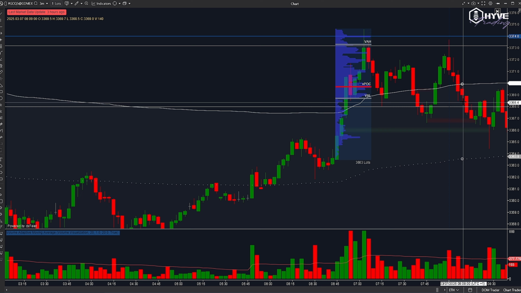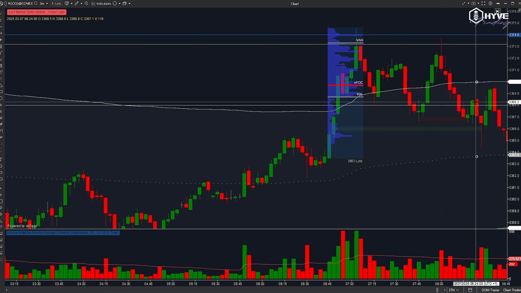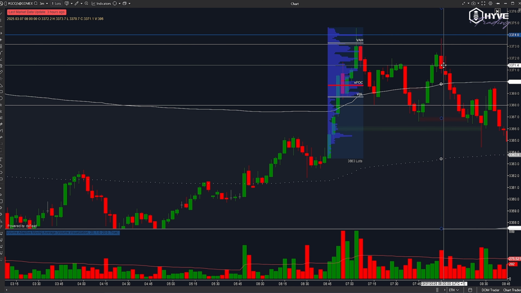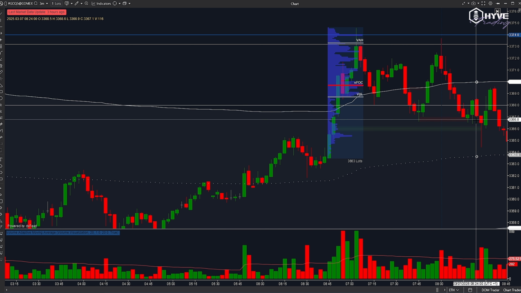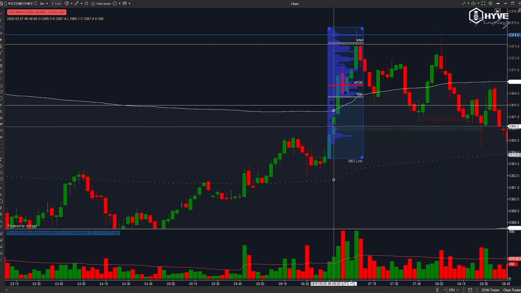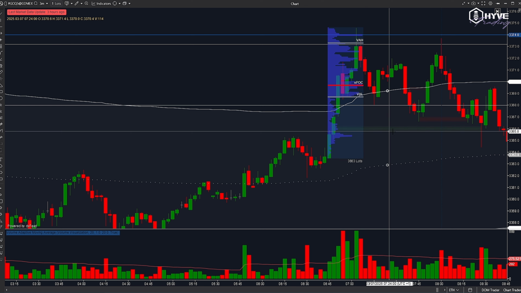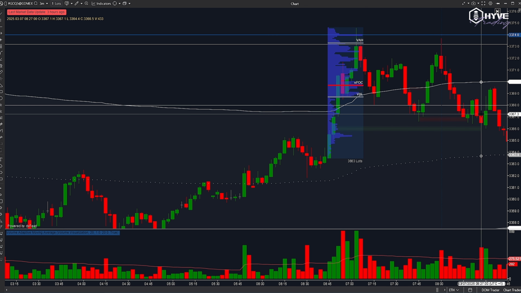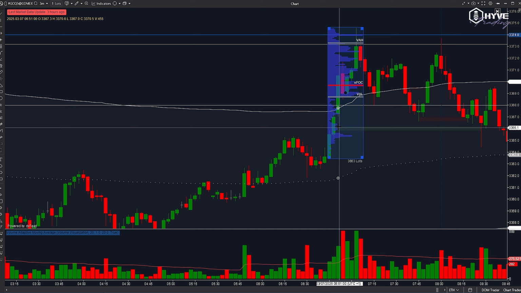Now, check this out. Look what happens. When sellers came during the London Open and price shifted down, look what happened. These aggressive buyers, they defended their position. So imagine when this candle opened, it pushed down, but look, all of that selling was absorbed by the stacked imbalance.